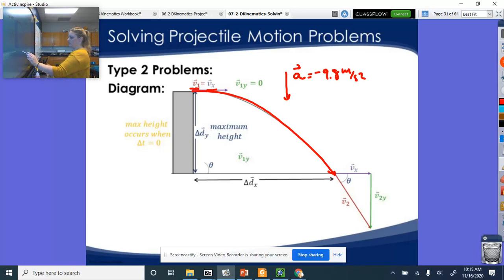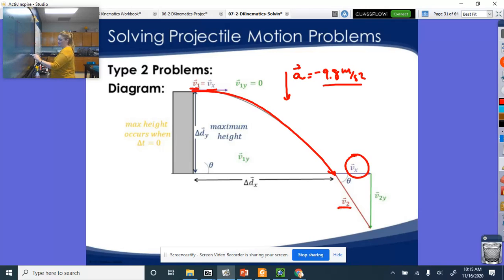So we have our total range for our displacement in the x. But here you'll see all that we can carry forward really is our velocity in the x. We will have a velocity in the y because now we have a different velocity in the y because we started with 0, but we know that it's going to speed up as it falls because of our acceleration.